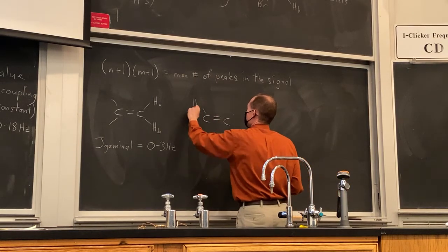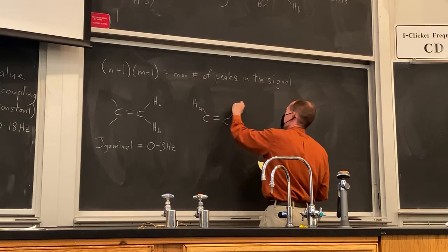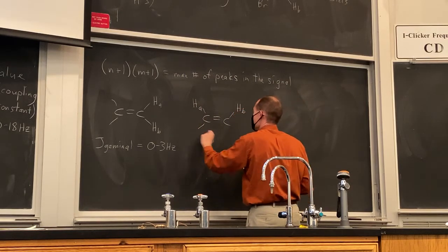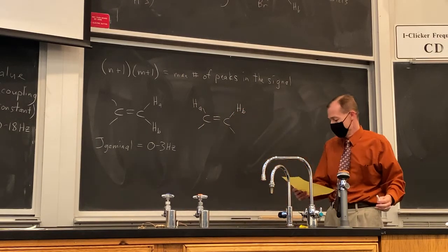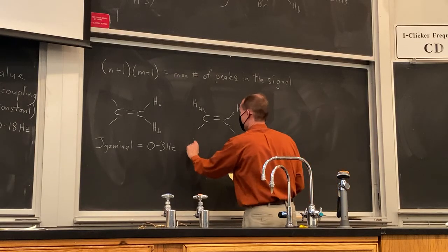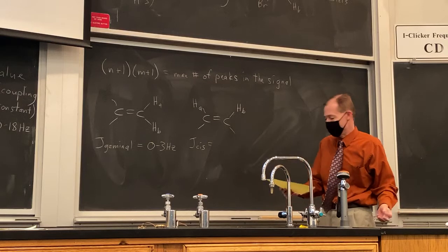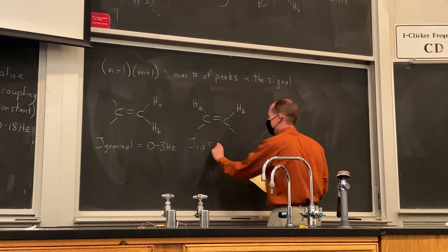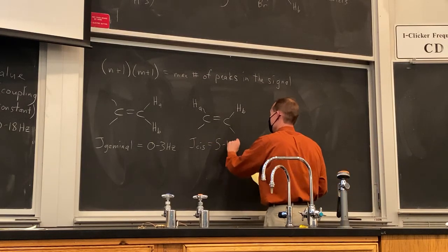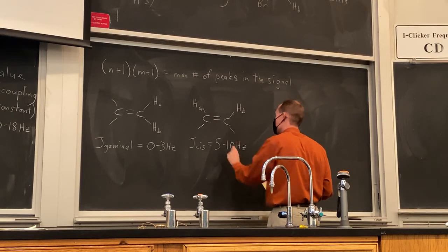If we have non-equivalent hydrogens on adjacent carbons of an alkene, and they are cis to each other, they will have a medium range value for their coupling constants in the 5 to 10 hertz range.